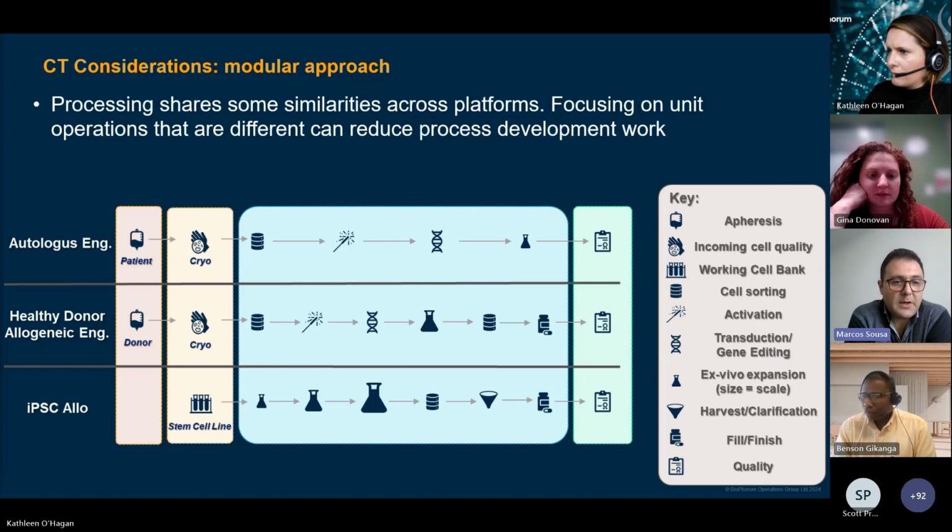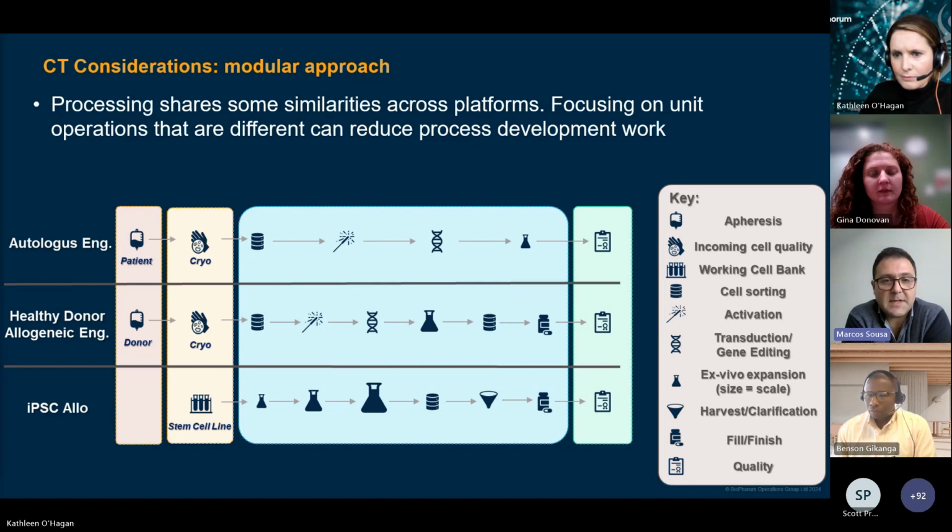When you're thinking about going for the iPSC allogeneic, what you have here is more on the scale itself, on the expansion and differentiation phases. This is where we can learn from this iPSC allogeneic and how we can bring in, in a modular way, some of the different steps that we have in the different approaches.